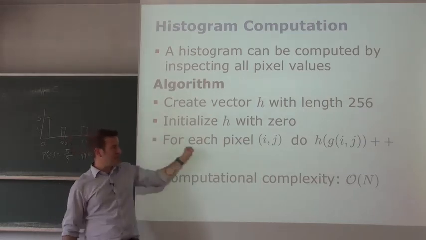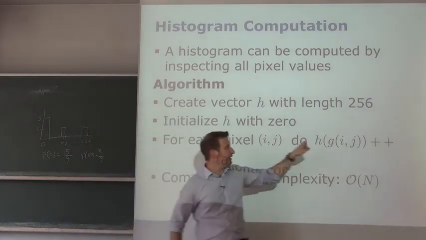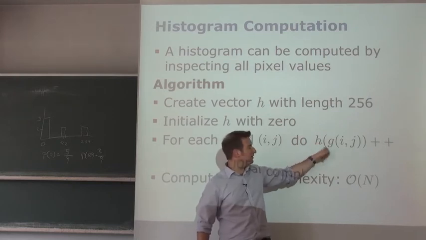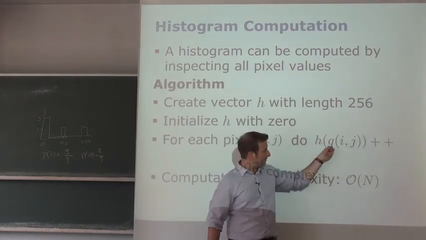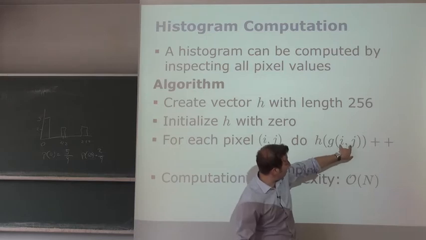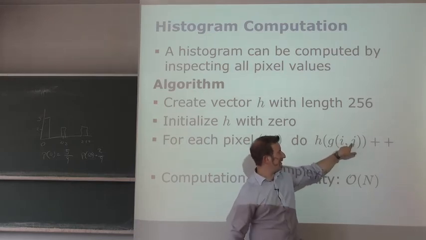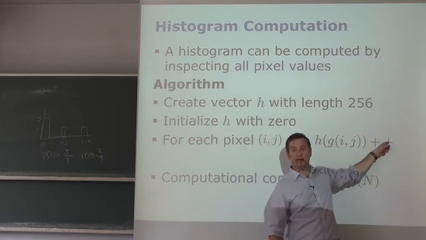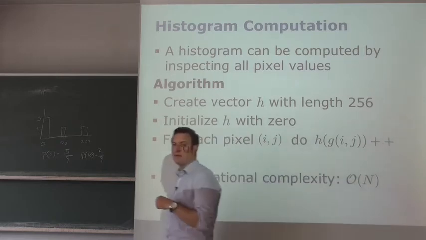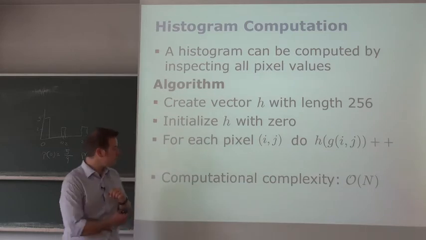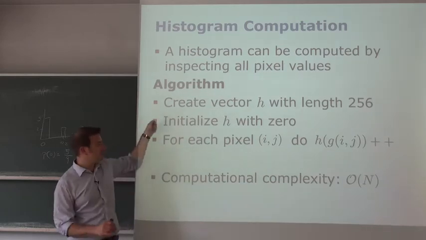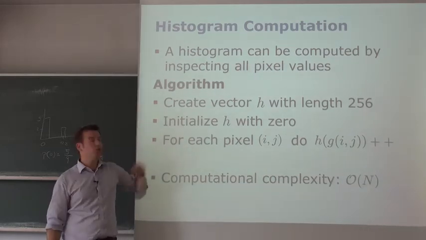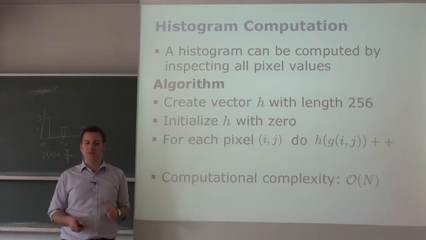And then I go through every pixel of the image, and I increase the element in this vector, the index being the gray value. I pick up the gray value at pixel ij from the image and increase the corresponding value of the histogram by 1. This is plus plus, which means just adding 1. That's it. As soon as this loop is finished, I'm done. I've computed my histogram.